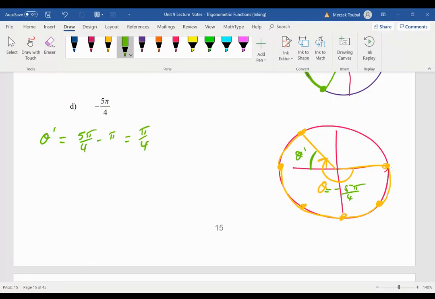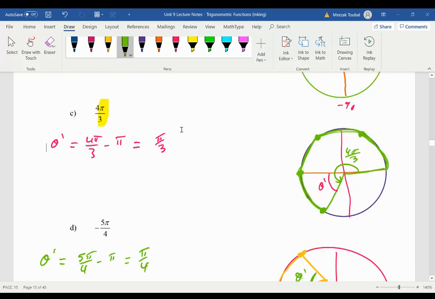Now, here's a check on how to find the reference angle if the measure is given to us in radians, which makes it much easier than finding the reference angle of an angle given in degrees. If you notice, the reference angle of 4 pi over 3 is simply pi over 3.